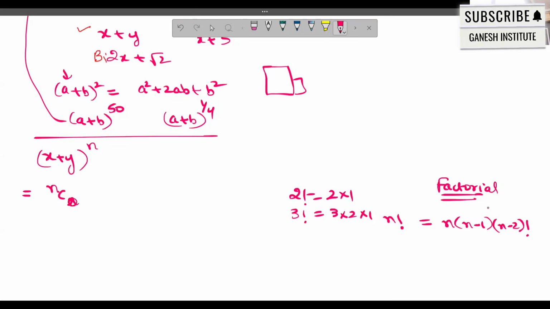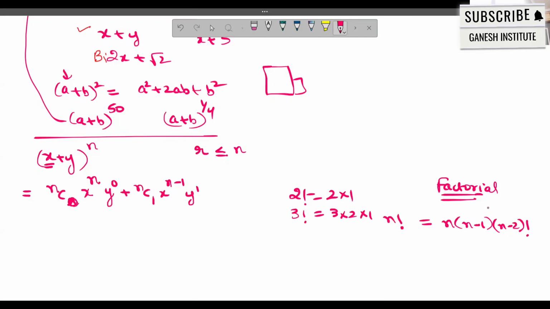Wherever you want to stop, that r will always be less than or equal to n, right? So let's start with 0. nC0, if you take this first element, you can start with all of its power as whole, but you don't have y initially. Then you will keep decreasing x and increasing y.